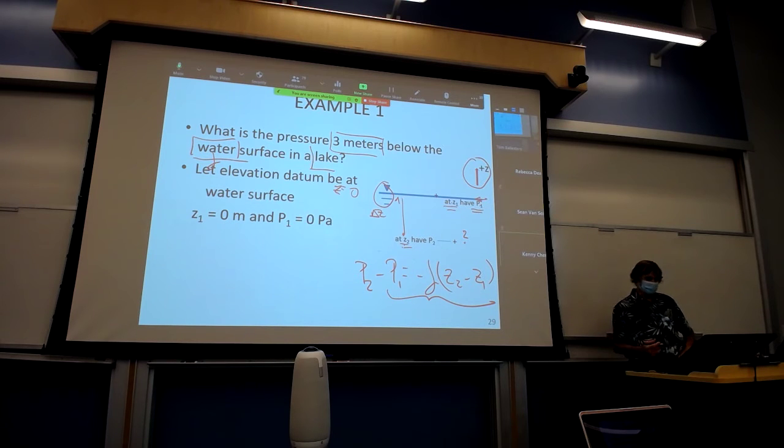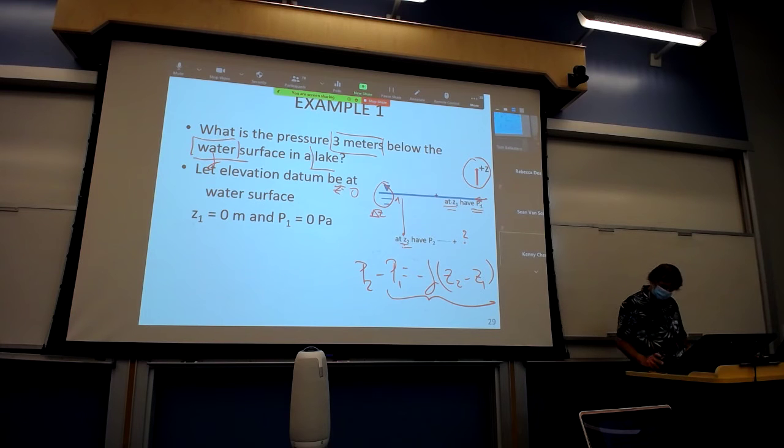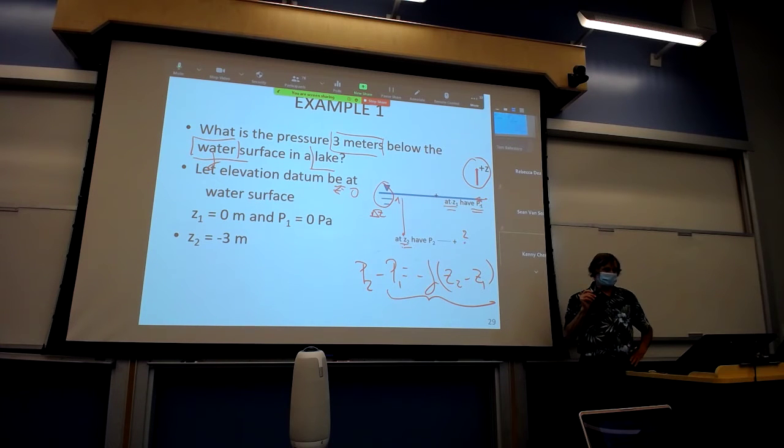P1 we can bring to the other side, but we also know that it's 0. And again, from this elevation datum and from the statement of the problem, we want to know the pressure 3 meters below the fluid surface. We know that the elevation datum, Z is equal to 0 at the fluid surface, so Z2, the point of interest, is minus 3 meters.